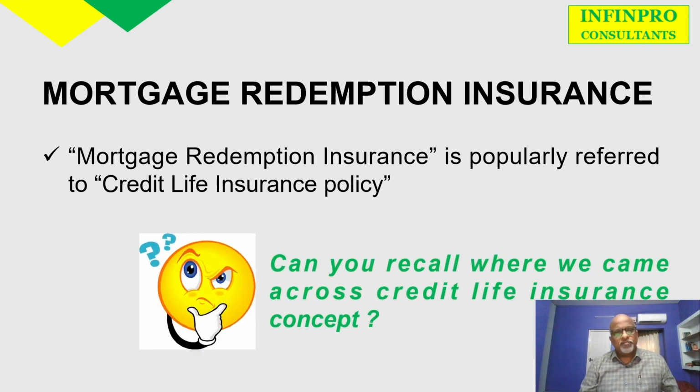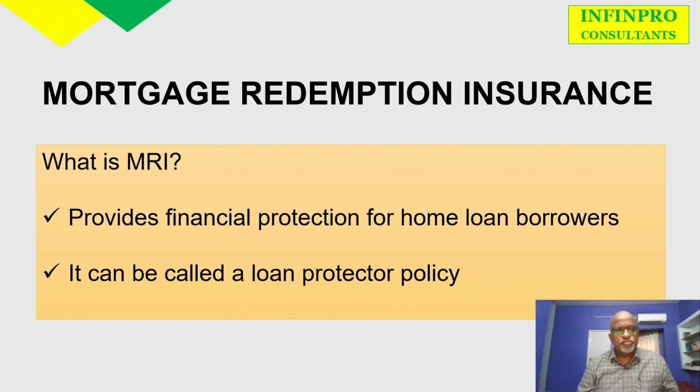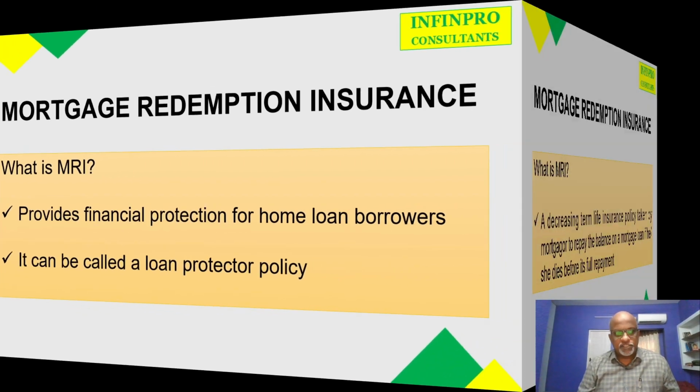Right, friends, if you can recall, we spoke about the credit life insurance policy when we were discussing various traditional life insurance products. Mortgage redemption insurance, or MRI, provides financial protection for home loan borrowers, and it can be called a loan protector policy as well.